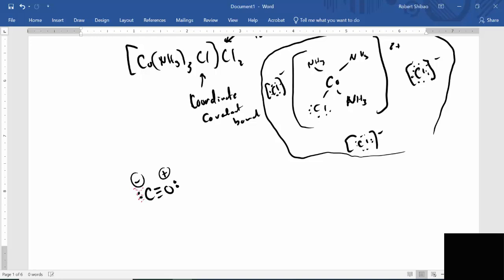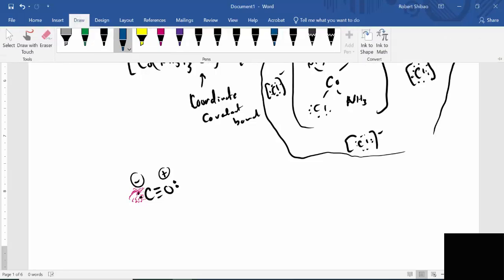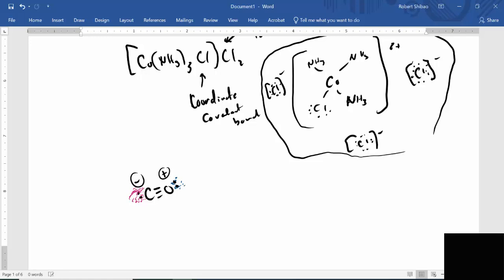Unfortunately, red. Makes it quite basic. And the oxygen is not so basic because the oxygen is quite positive. This is going to get blue. It's a great ligand, carbon monoxide. Or the carbonyl ligand.